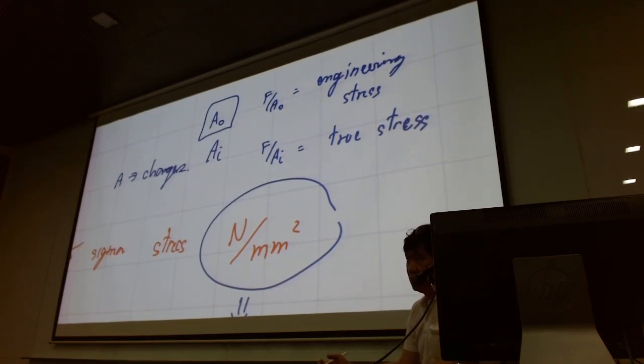True stress is impossible to measure because the area changes all the time, so there's no point of trying to find that exact cross-sectional area when it happens. So what engineers do is that we choose the initial area for the calculation, and then we try to see whether or not in the end the actual area after the deformation has changed a lot, and then they do the correction of the error later on.